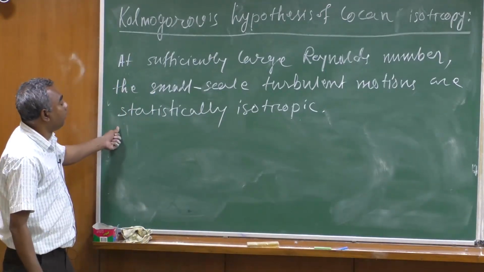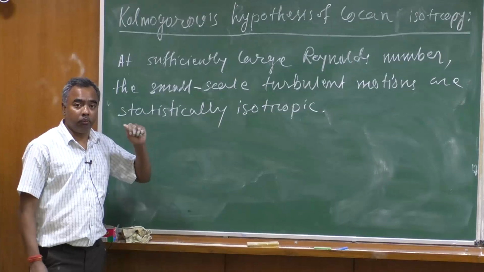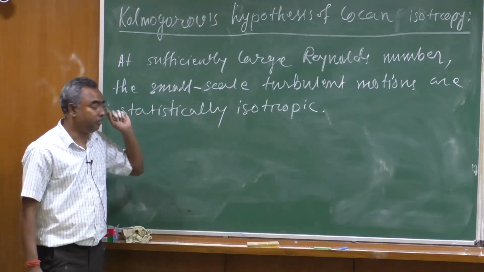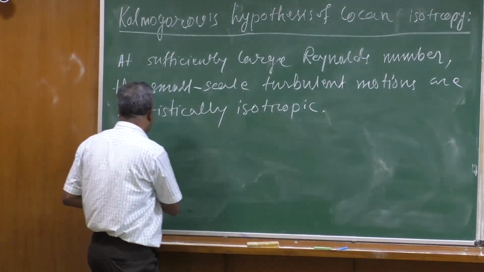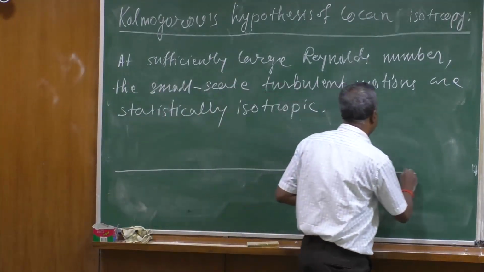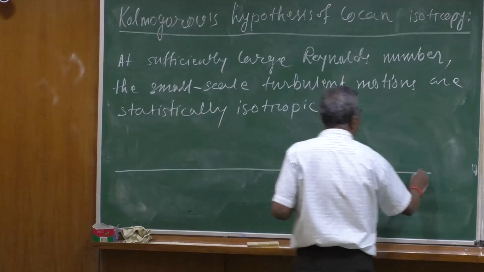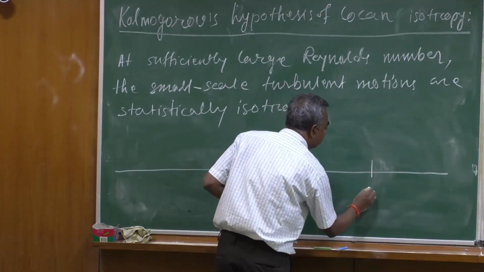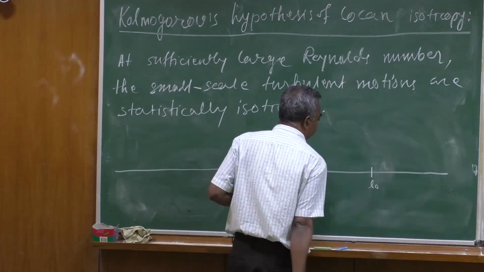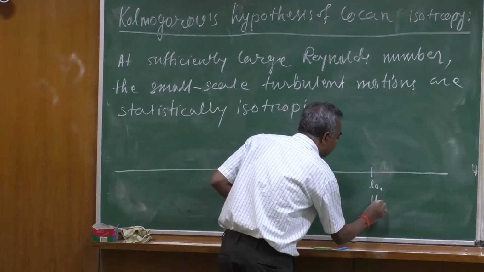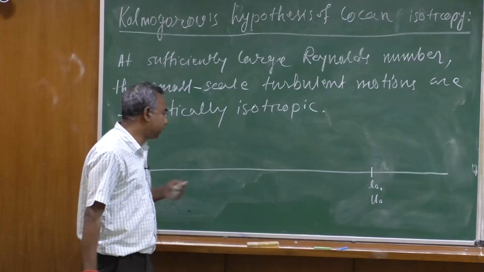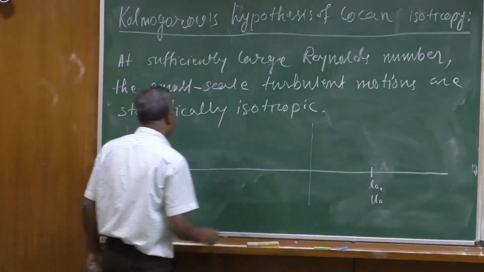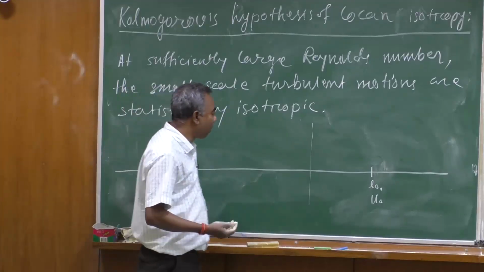Now, it says that there are some scales which are statistically isotropic. For example, if we draw a picture, that will be better to visualize what he would like to put forward. Let us say the biggest scale is given by size L naught and corresponding velocity scale U naught, and he is talking about a smaller length scale.